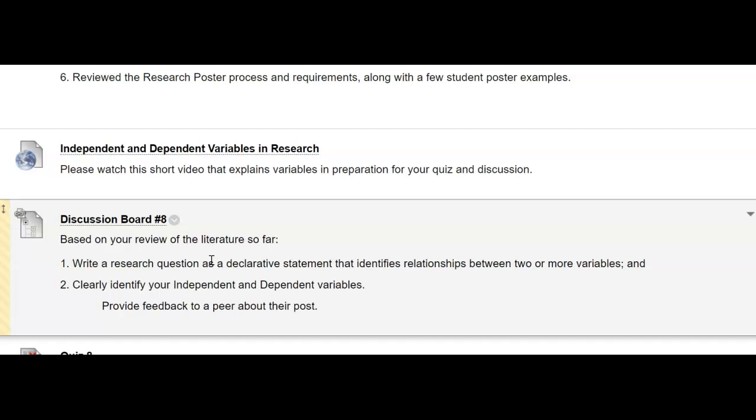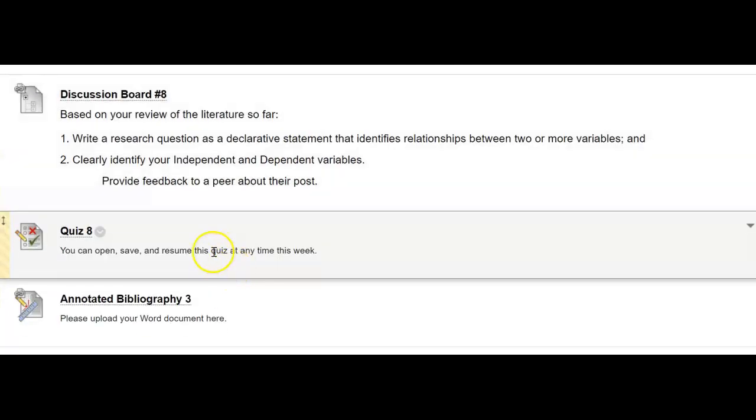And write that as a declarative statement that's going to identify relationships between two or more variables. I also want you to then clearly identify what your independent and dependent variables are, as well as replying to your classmate. And quiz 8, as I said, was based on the readings.